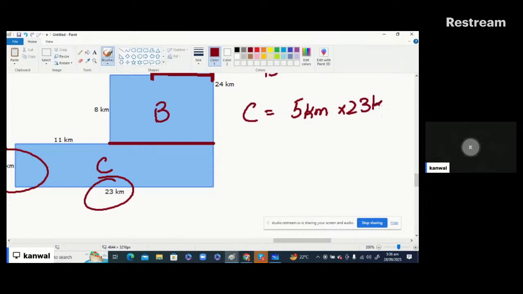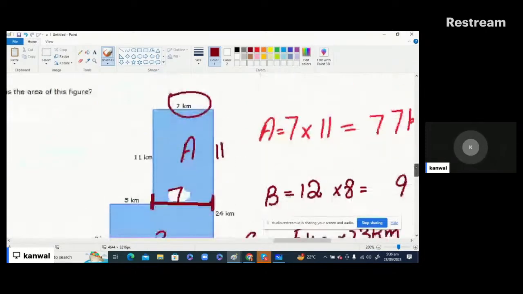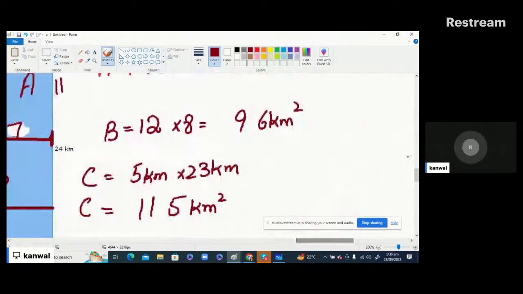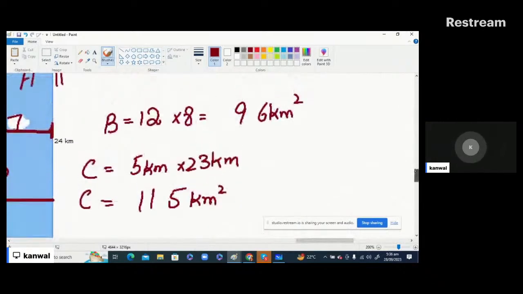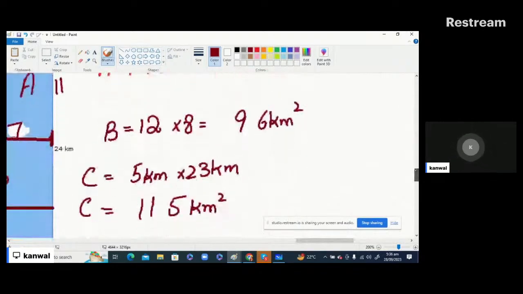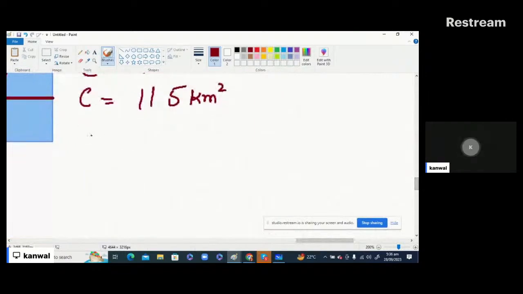Multiply with 23 kilometer. Okay, let's multiply. 5 times 3 15, 10 and 2 11 kilometer square. Look at here, all these areas. First area is 77, then 96, then 115.